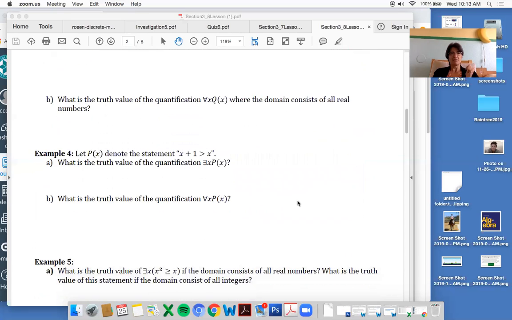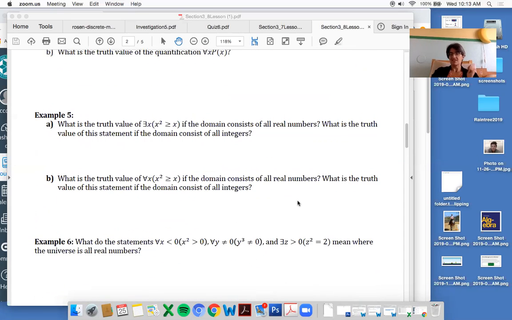Okay, so let's look at this here. This says, what is the truth value of this? If you read it, this says that there exists a value of x in my universe for which x squared is bigger than or equal to x.